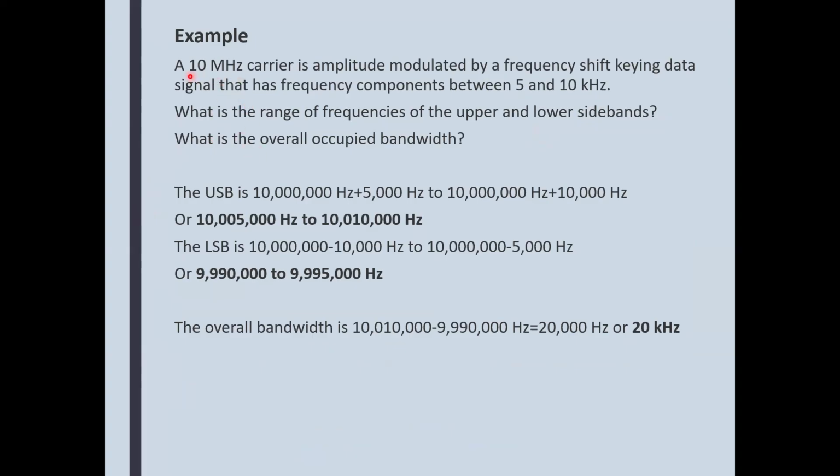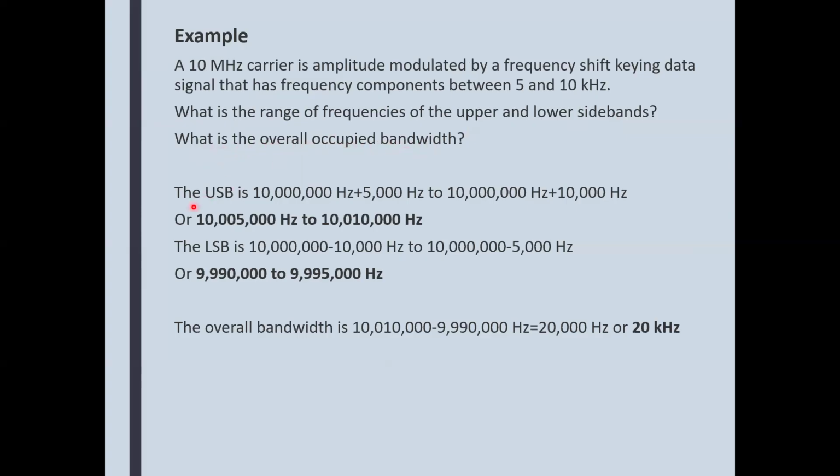An example: a 10 megahertz carrier is amplitude modulated by a frequency-shifting data signal that has frequency components of 5 and 10 kilohertz. What's the range of frequencies of the upper and the lower sidebands? And what is the overall occupied bandwidth?